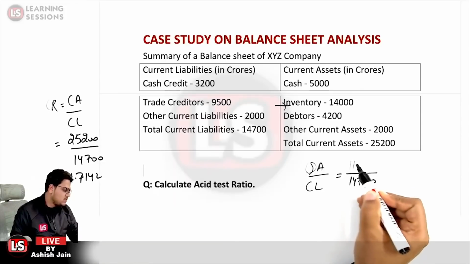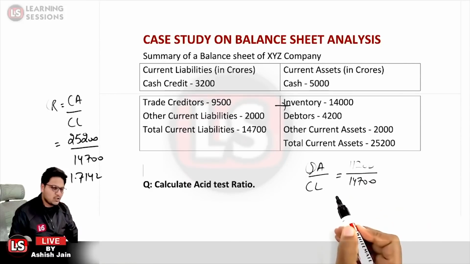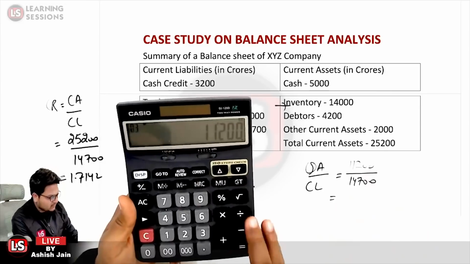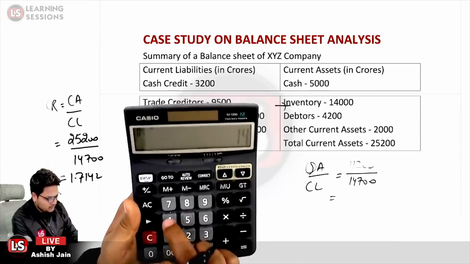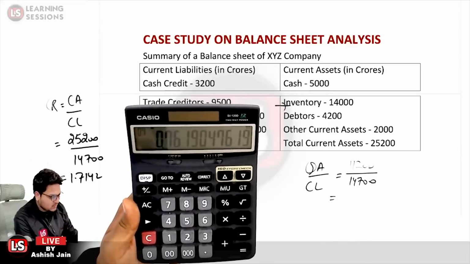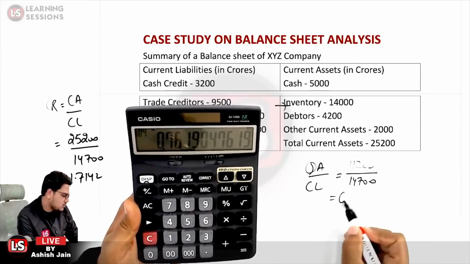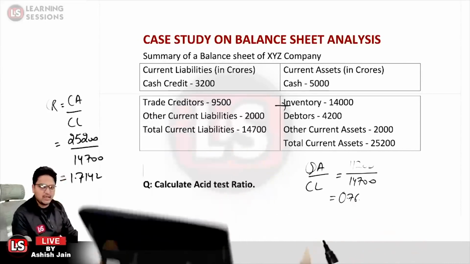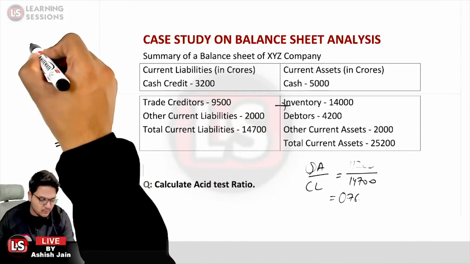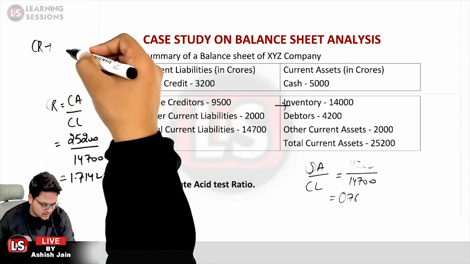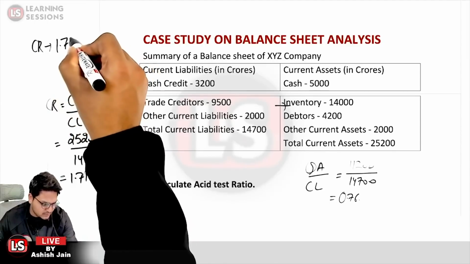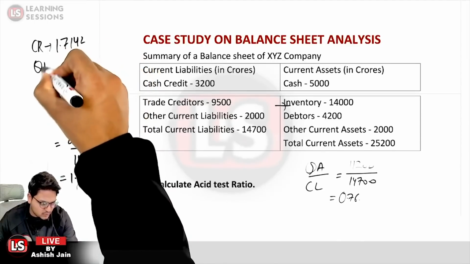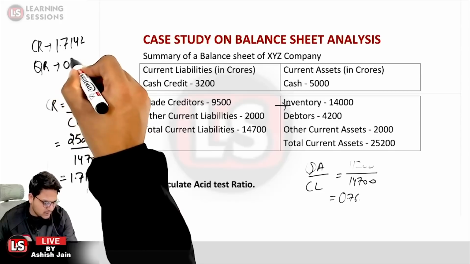So the benchmark ratio for the quick asset is 1:1. Over here we are calculating 11,200 divided by 14700, and that comes out to be 0.76. So the quick ratio we have calculated is 0.76. I'm just writing it over here for reference purposes. Current ratio we calculated to be 1.7142, and the quick ratio we have calculated as 0.76.